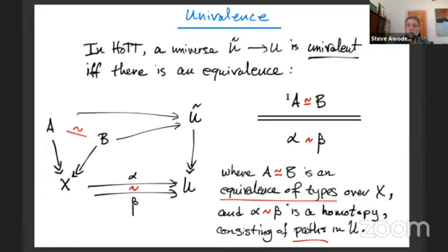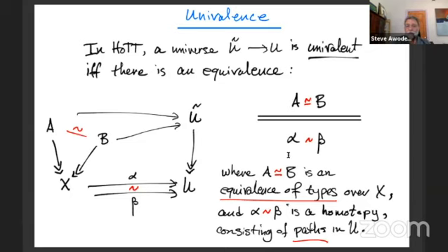So there's a correspondence here between equivalence classes, if you like, or homotopy types over X, and homotopy classes of the corresponding classifying maps. So that's what I'm saying, where the homotopy here is paths in the universe. This is X-indexed families of paths in the universe between the classifying maps. And equivalence here is fiberwise, because we think of dependent types as fibrations.